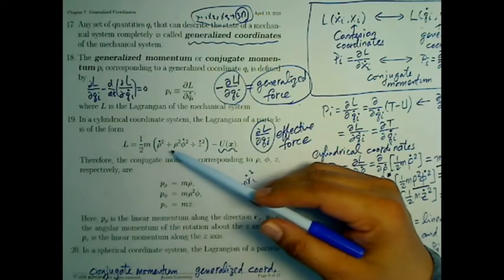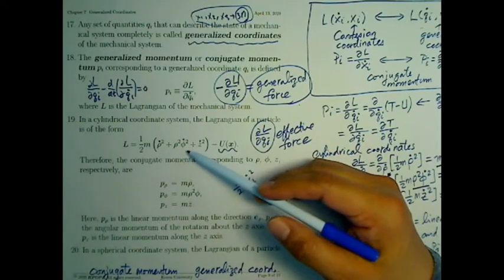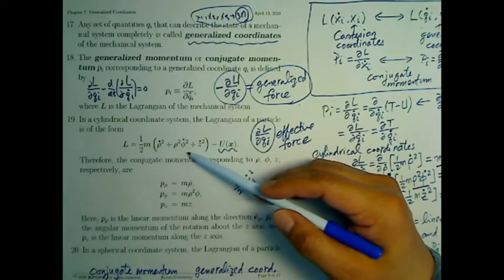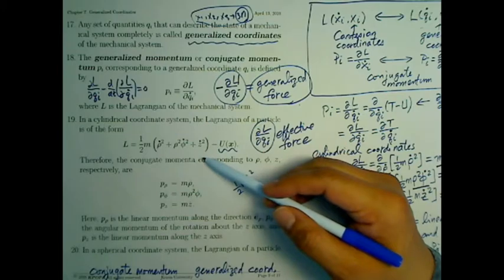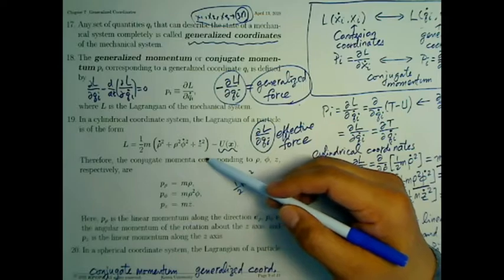The velocity along the phi direction contains the scale factor rho. So rho phi dot is the velocity along the phi direction. So the velocity squared is rho squared phi dot squared. The velocity along the z direction is z dot. Thus the v squared along the z direction should be z dot squared.